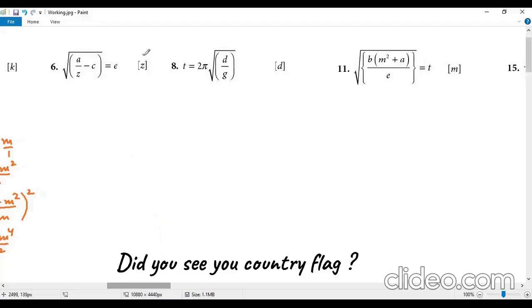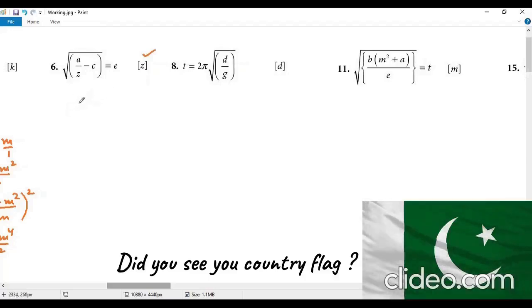In here, Z is the letter that has to be made the subject. Now it's going to be squaring both the sides. So this is going to give us A over Z minus C equals E square, because E square and this square both are going to be cancelled.